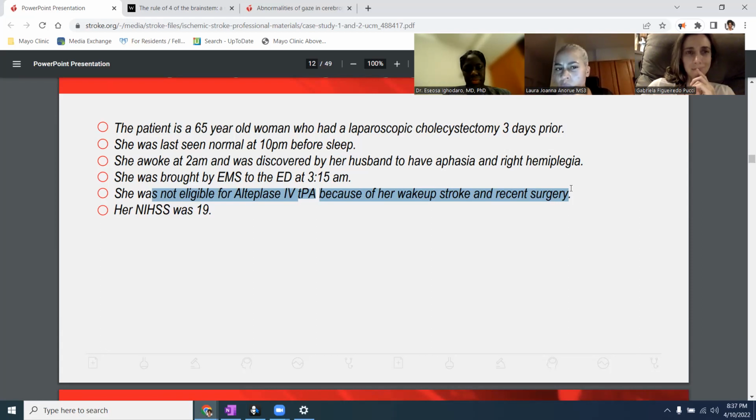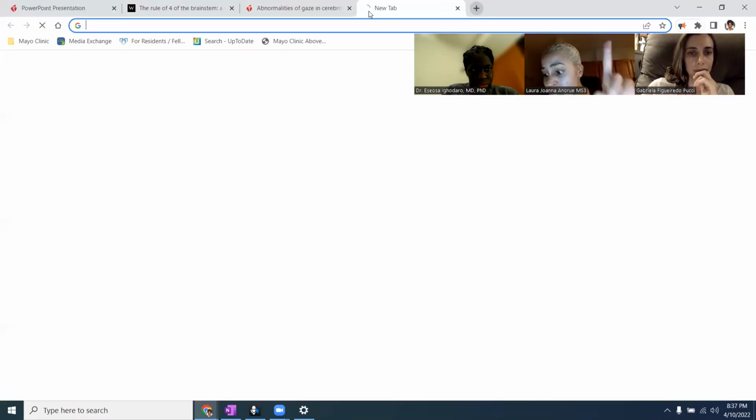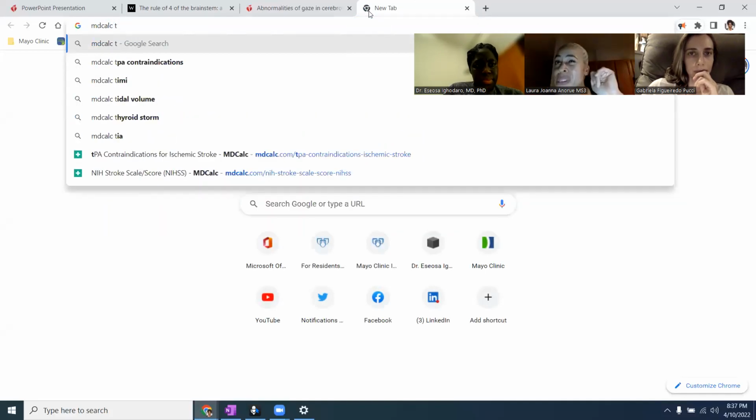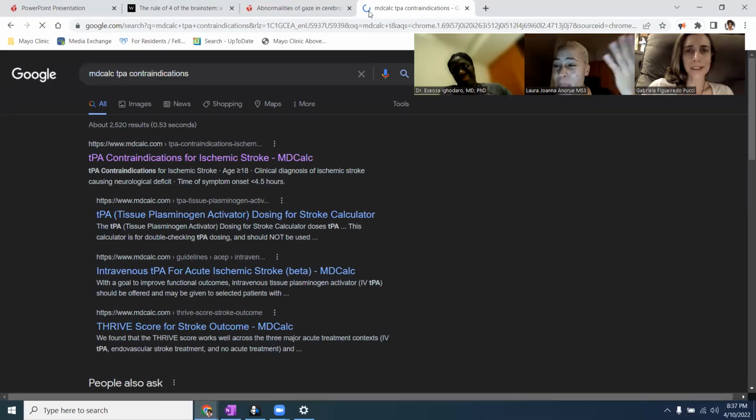Well, not all surgeries are equivalent. I know for sure if it was any type of brain surgery, any type of neurosurgery, but let me just double check on TPA exactly. So it was the major surgery or serious non-head trauma, and I don't think laparoscopic is. Is this a major surgery?